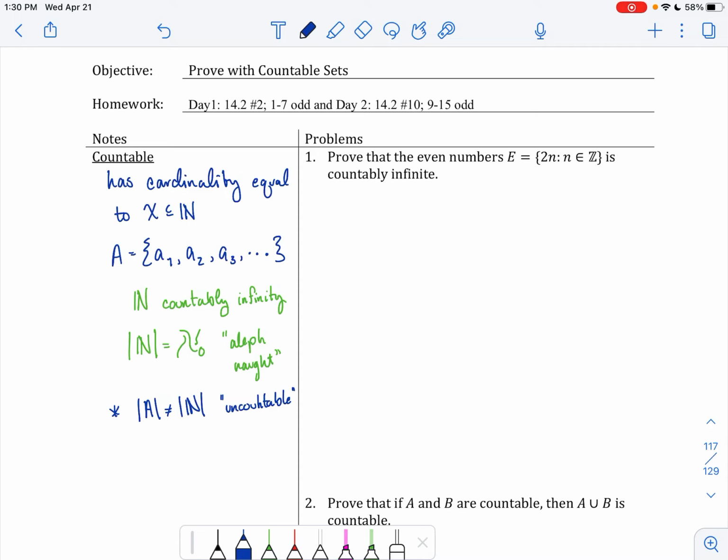So here we see in number 1, prove that the even numbers, so 2n, where n is in the integers, is countably infinite. So there's a couple ways to do this.